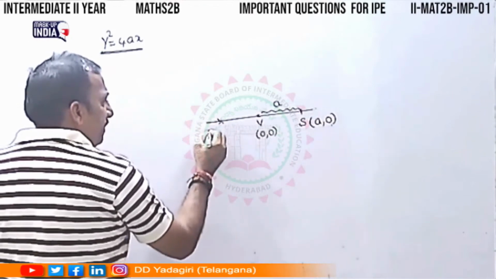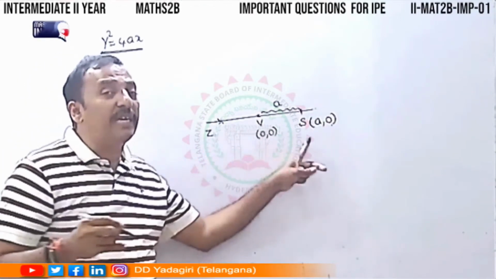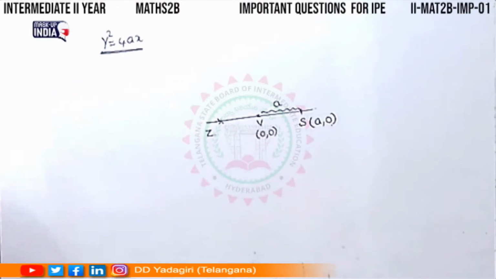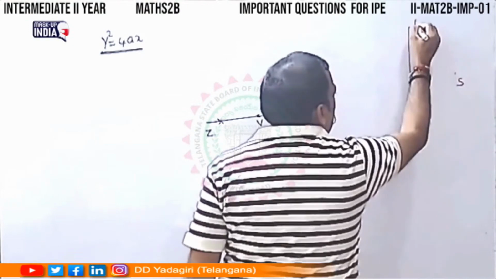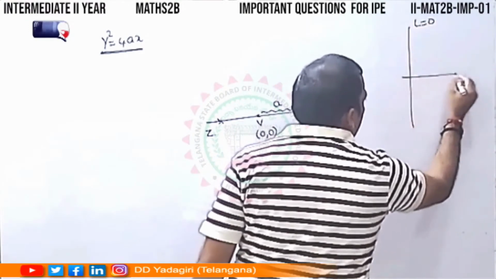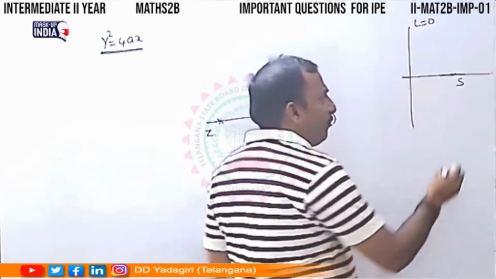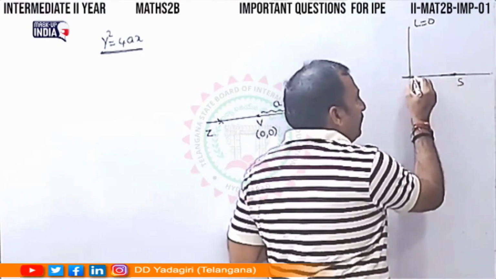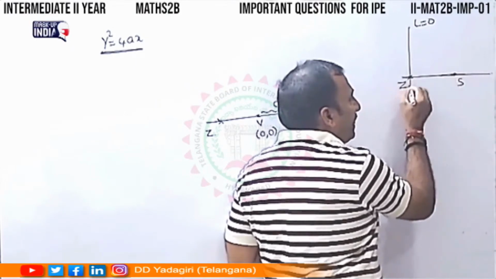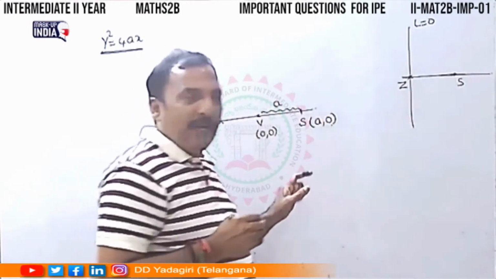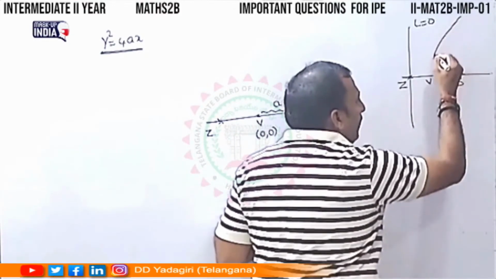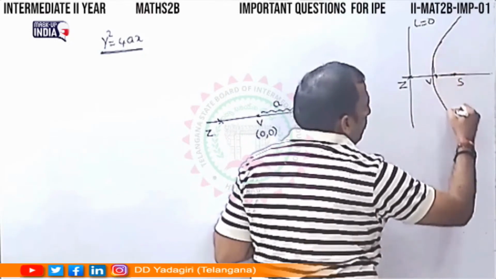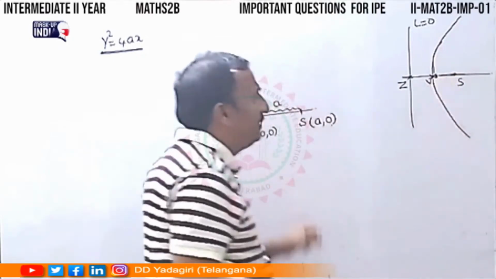We know that the vertex is the midpoint of Z and S. The line perpendicular to the directrix and passing through the focus is called the axis. The point of intersection of the axis and directrix is represented by Z, and the midpoint of Z and S is called the vertex. The parabola will be like this.